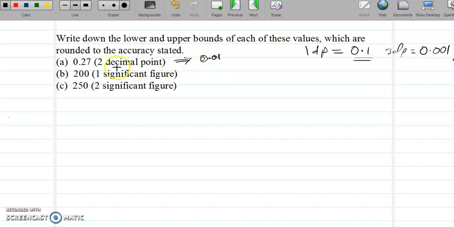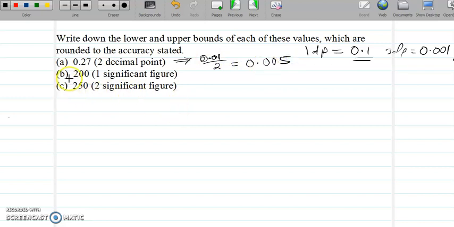Now, if you're asked to find the lower and upper bound, we look for half of the degree of accuracy. So the degree of accuracy is 0.01 to 2 decimal place. Then half of it, divided by 2, gives us 0.005.